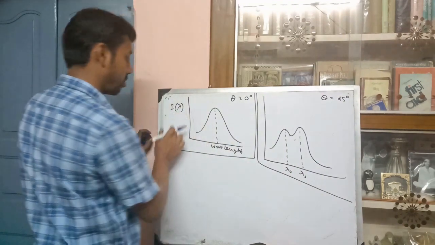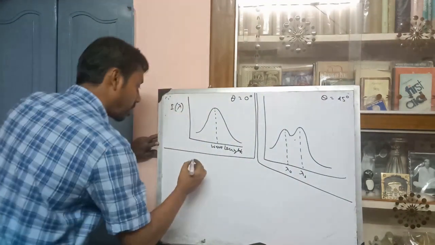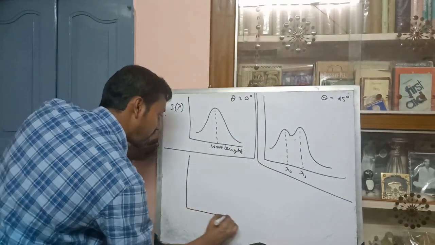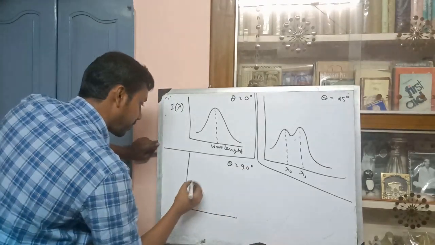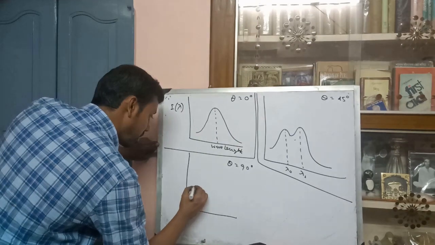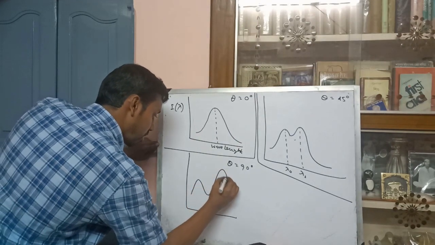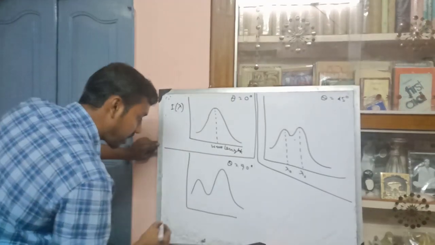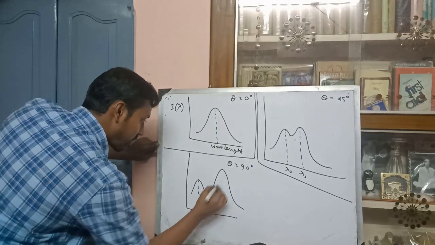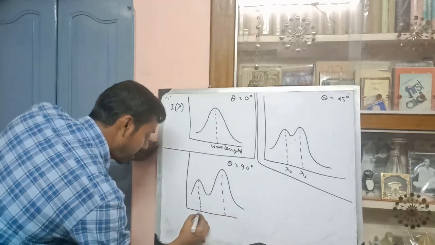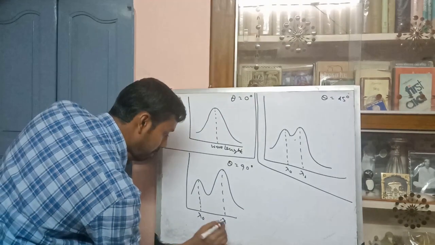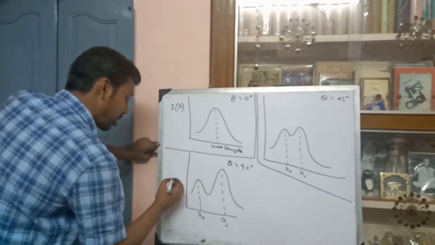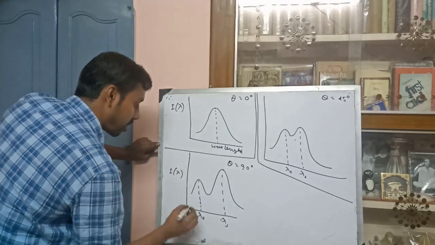The x-axis remains the same. For theta equal to 90 degree, the plot will be like this. This is your lambda 0, the wavelength of the incident radiation, and this is the wavelength of the scattered radiation, the first order wavelength.